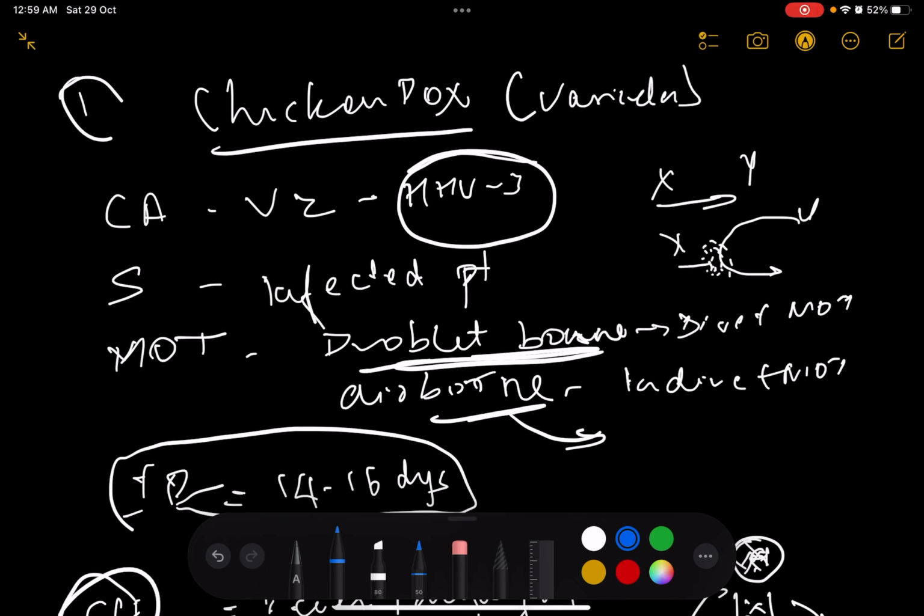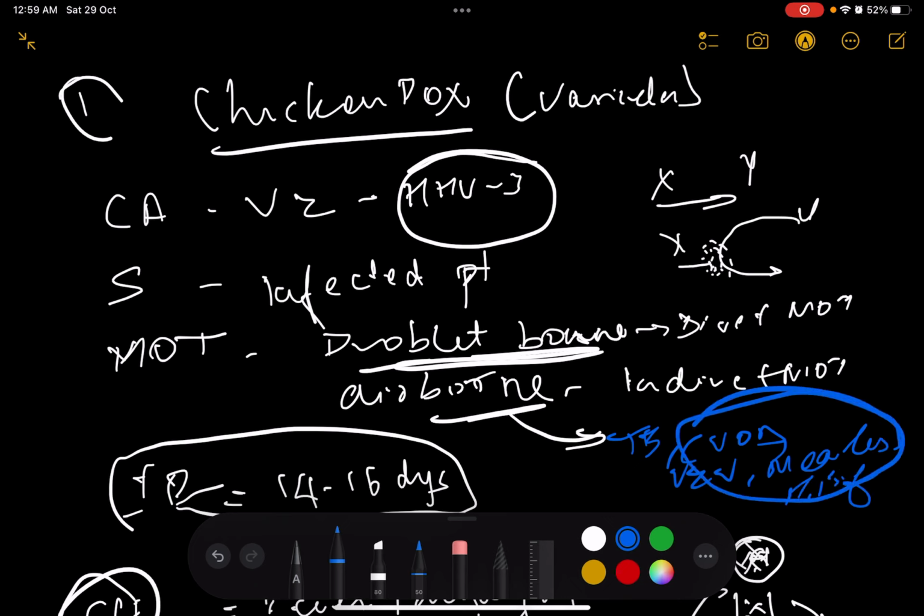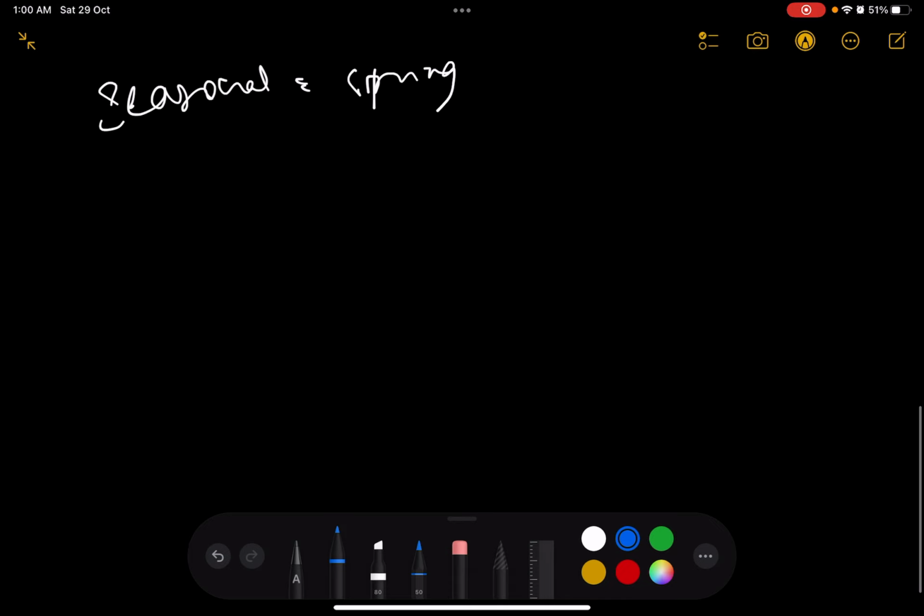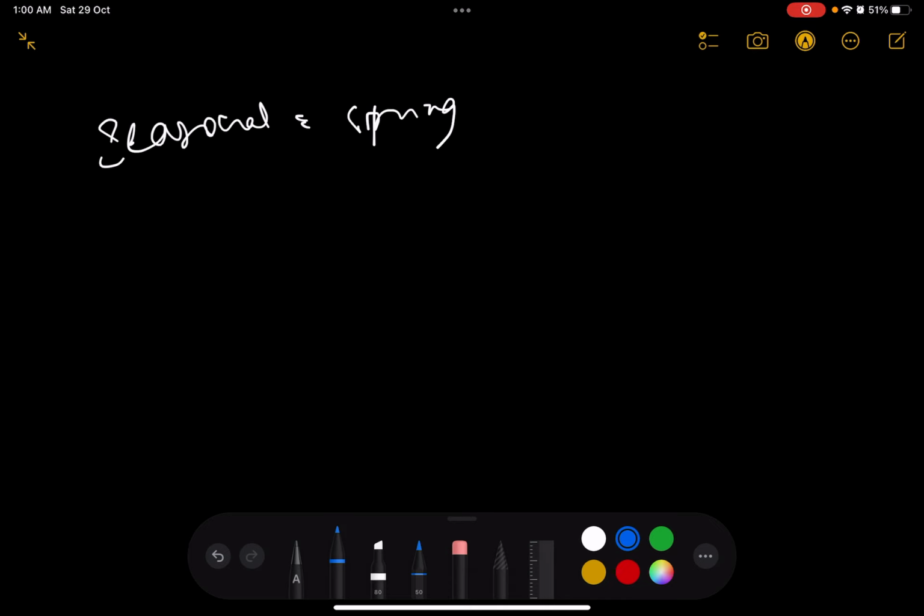It's TB, it's obviously COVID, it's varicella zoster, it's measles, and it's influenza. So the ones you would think of, like TB, COVID, influenza, measles, varicella, all of these are airborne.